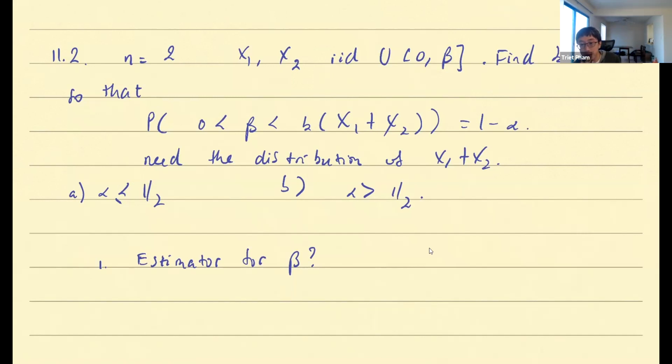What's an estimator for beta here? Exactly, 2 x bar, using the moment method. And 2 x bar here is X1 plus X2.